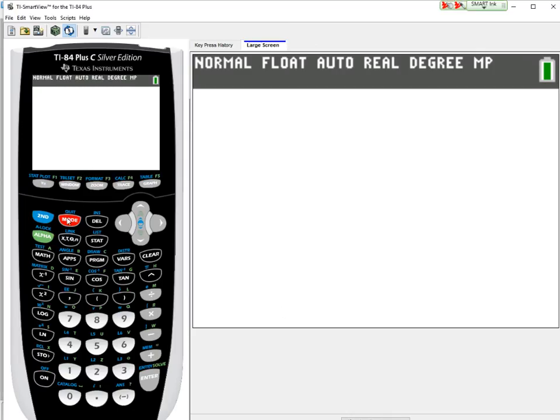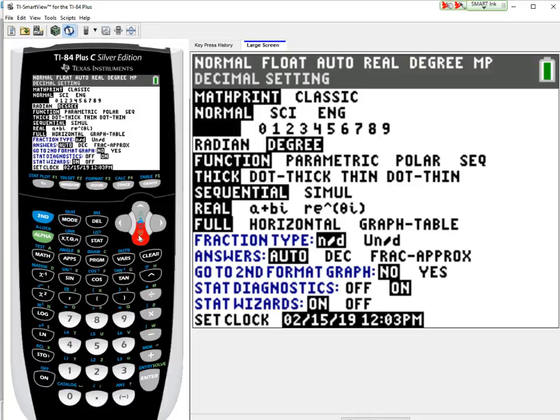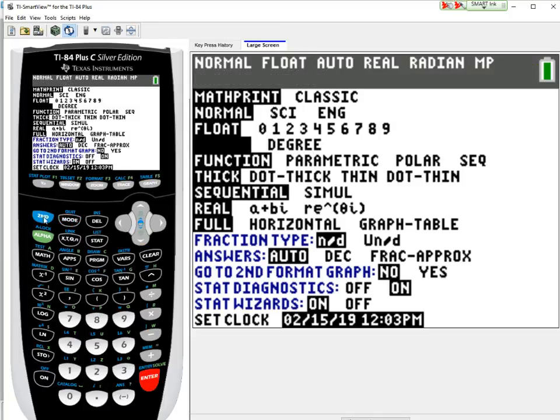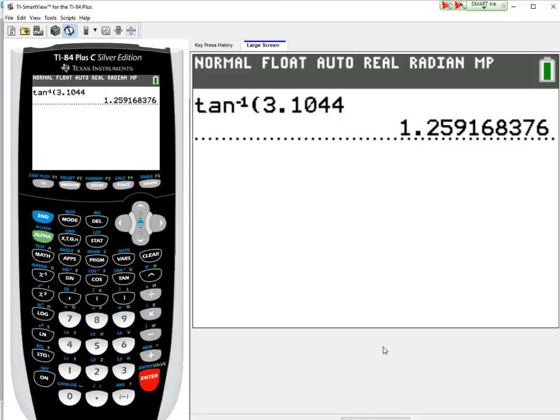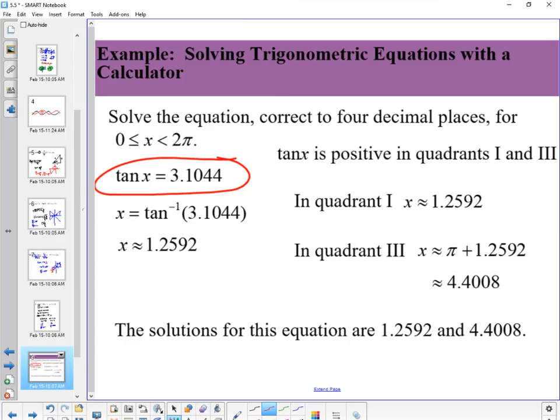I am not, so mode, radian. Then second, tan inverse, 3.044, and push enter. And there you are. That's your answer, 1.25. Is that what I had? Yeah, there it is.